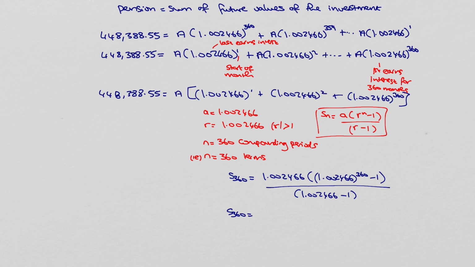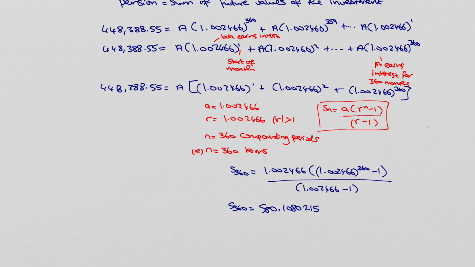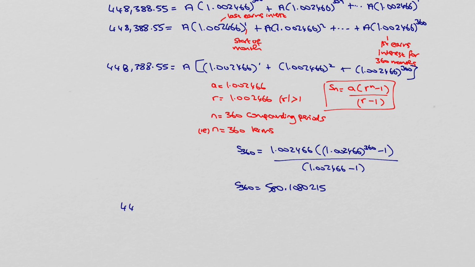So that gives us 580.1080215. So therefore we have our pension fund €448,388.55 is going to equal A times 580.1080215.